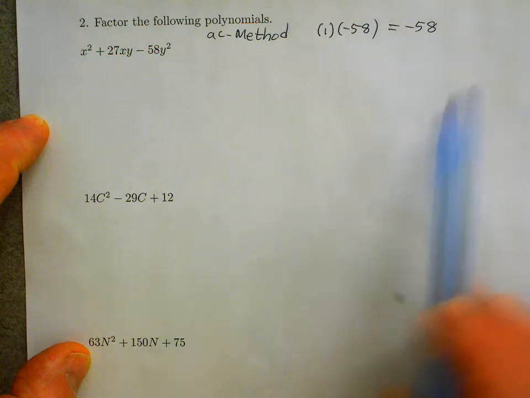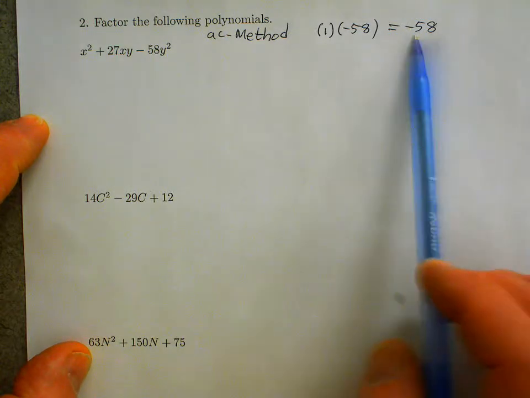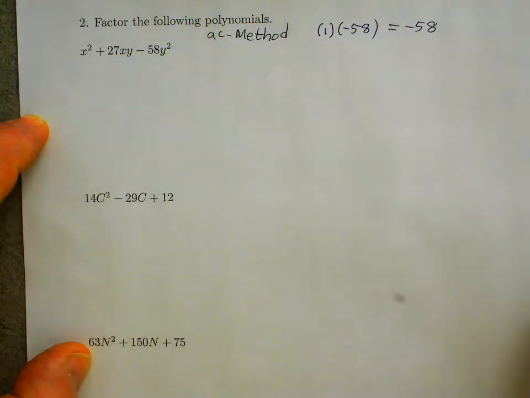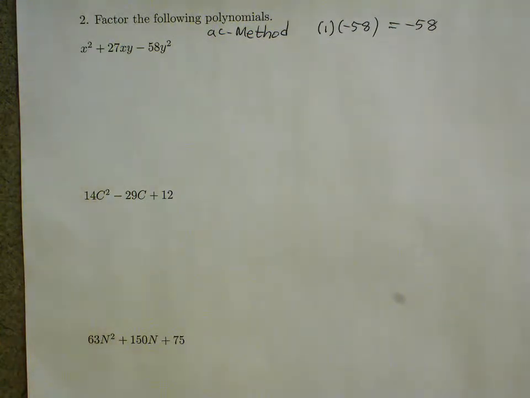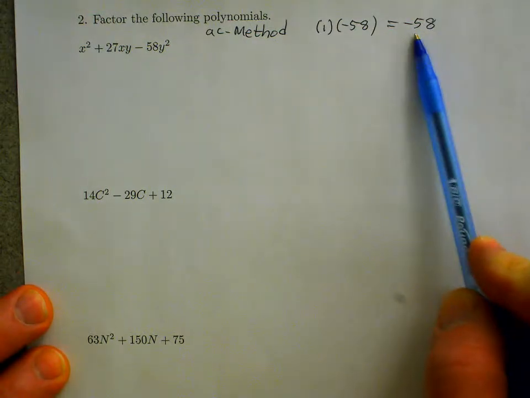So remember what we're trying to do. We're trying to find two integers that have a product of negative 58 and a sum of positive 27. What does that mean? If the two integers exist, one must be positive and one must be negative, because when we multiply them we get a negative.